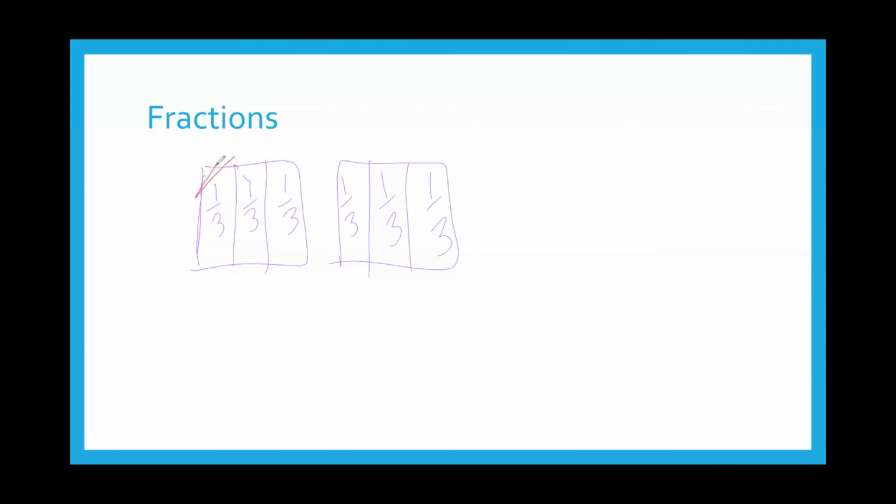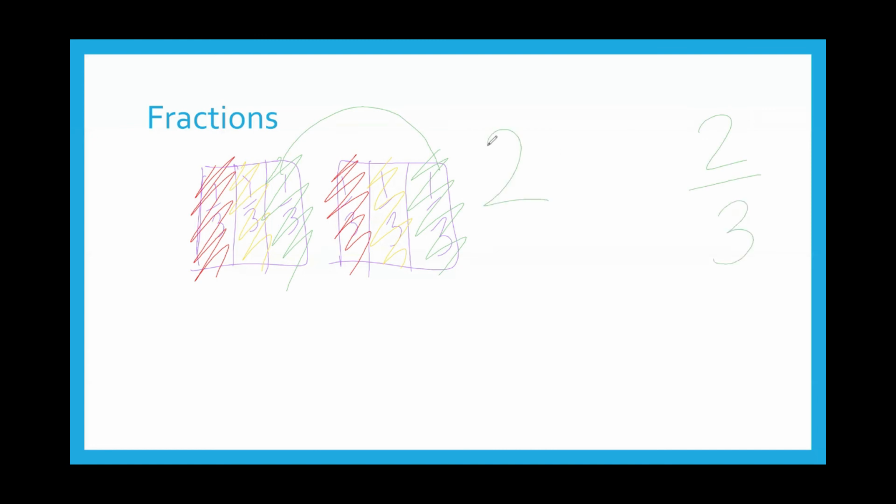Person A gets 1/3 from here, 1/3 from here. Person B gets 1/3 from here, 1/3 from here. And person C gets 1/3 from here, 1/3 from here. So you can see that each person gets 1/3 plus 1/3, which is 2/3. So again, we had 2 pieces of cake and we divided it by 3 people, which got us 2/3.